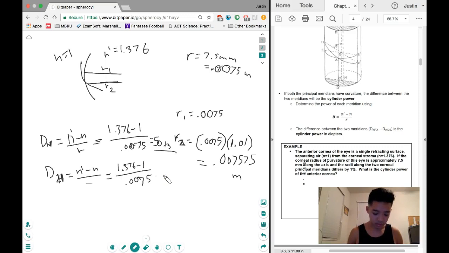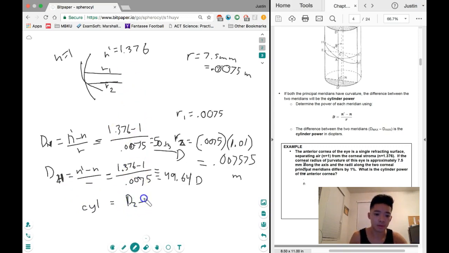And the power over here is going to be similar. Sorry, my mouse is really laggy again. We have these two different distinct powers, but they're very similar. And so the cylinder is simply the difference between the two, dV minus dH.